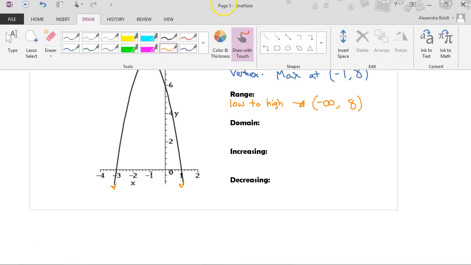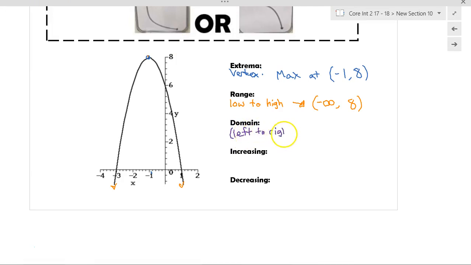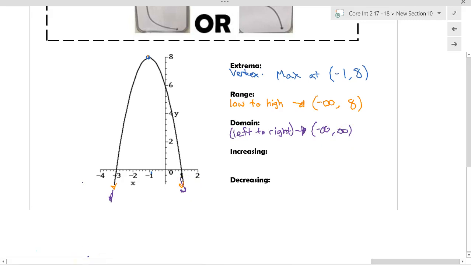Domain, remember, is left to right. All the way left, this is going to keep going down to the left forever, -infinity. It's going to keep going down and to the right forever, to infinity. I can pick any x value, and I can find a point on that graph for that x value.